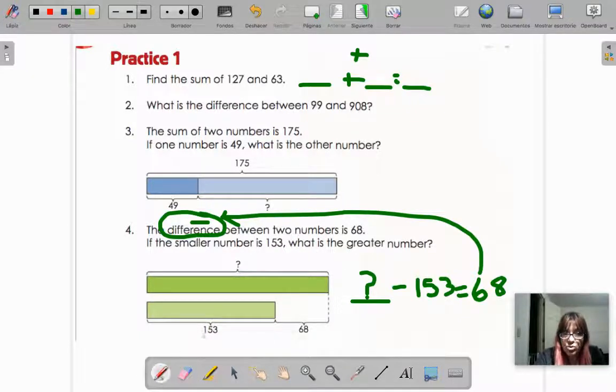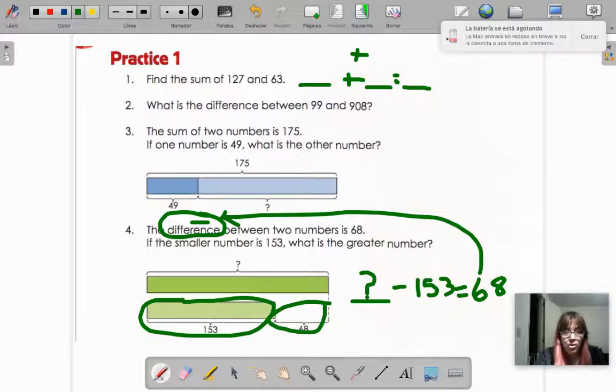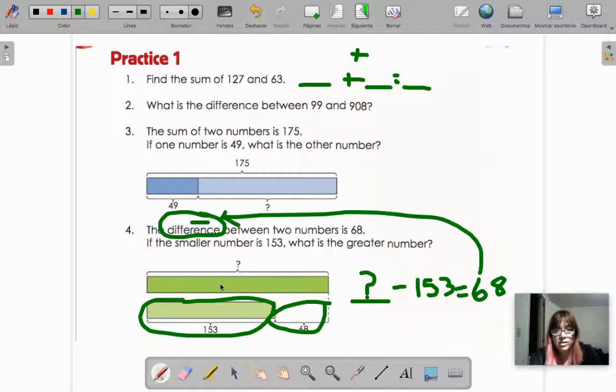We need to add this part plus this part, and look, we end up having the complete part from here to here. So even though this is our difference sentence, we don't know the big number, the first one. Then we end up adding the two parts and we're going to get this one, okay?